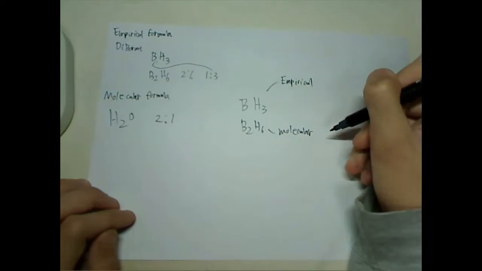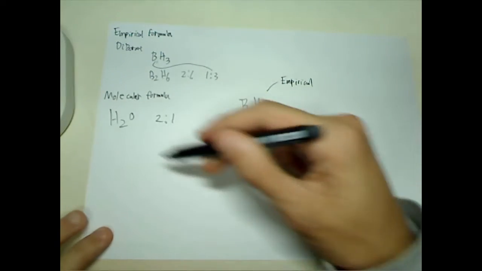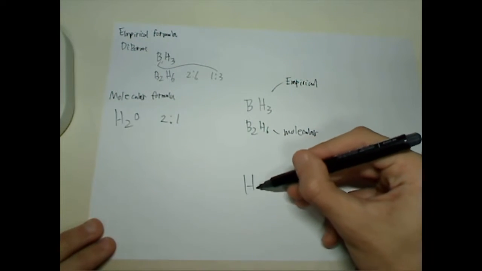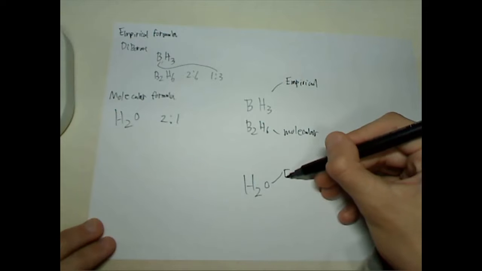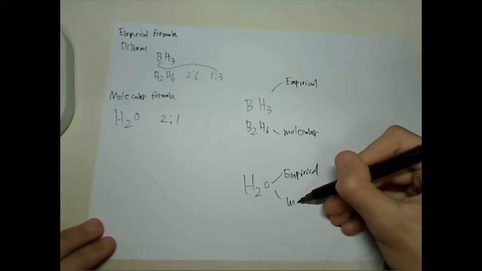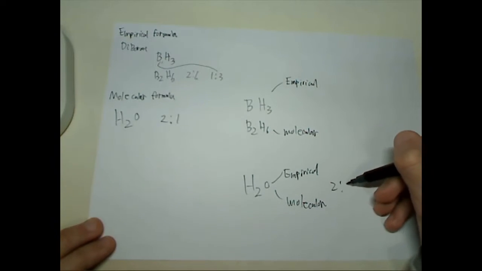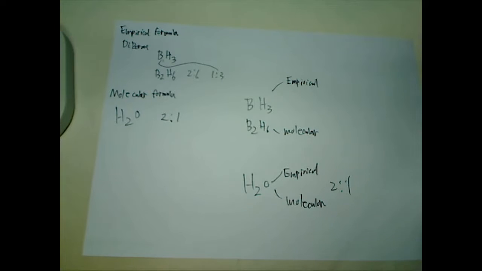This is the molecular formula. And there are some cases, like I just mentioned, where the empirical and the molecular can be the same. So just like this one, because this is the smallest ratio, 2 to 1, this is as simple as it gets.